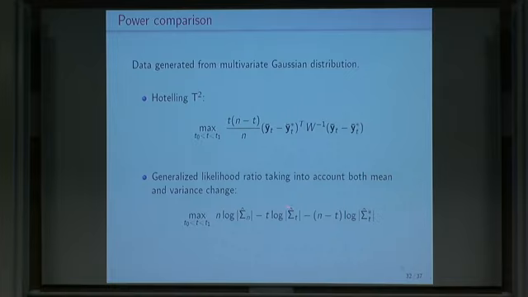And this is the generalized likelihood ratio, used if we do not know whether the variance would also change. And we also maximize over this statistic. We think these two are the best methods for the multivariate Gaussian case.